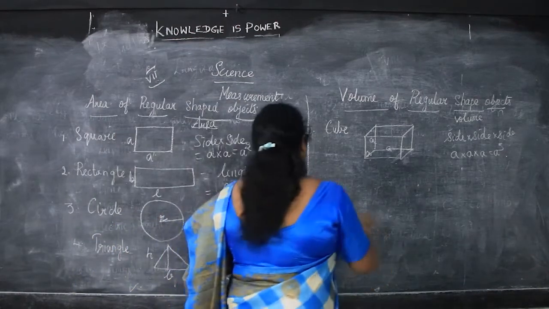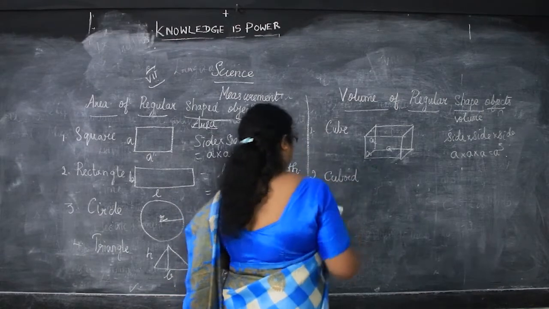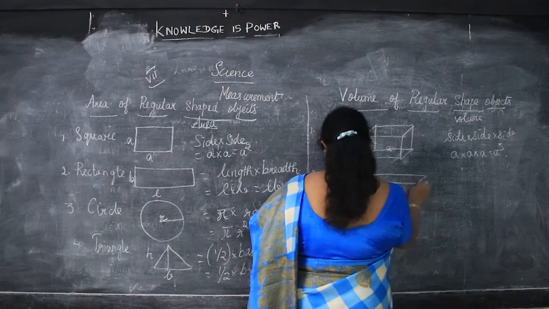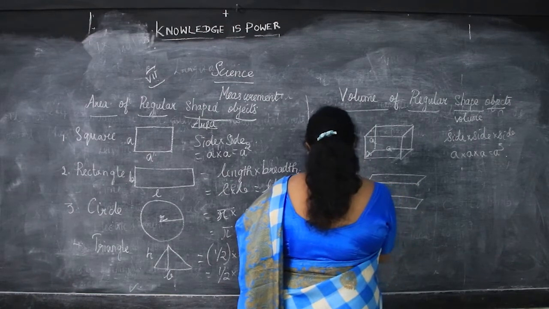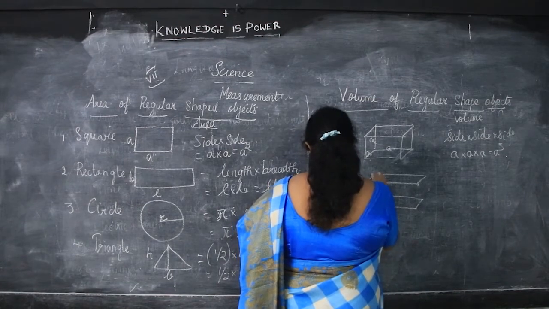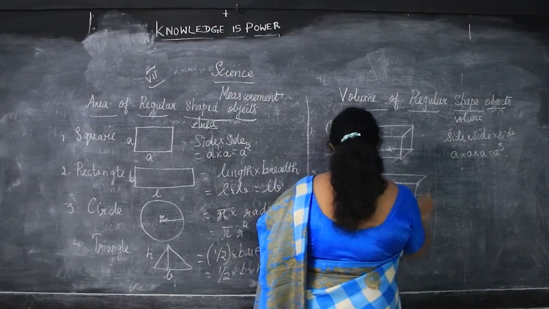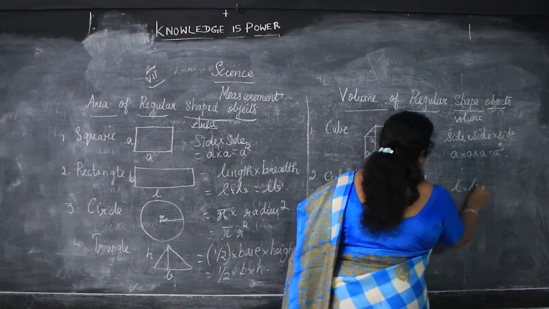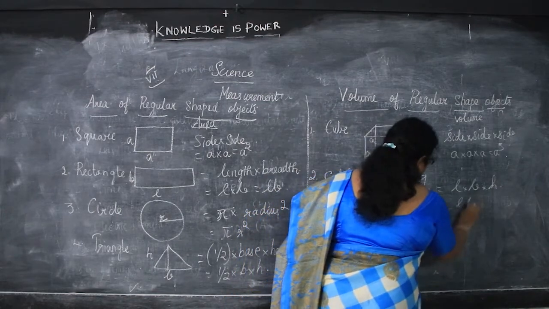Next is cuboid. The volume is length into breadth into height, that is LBH.